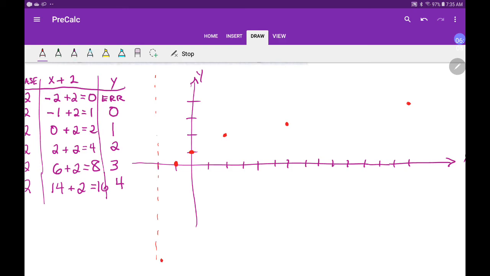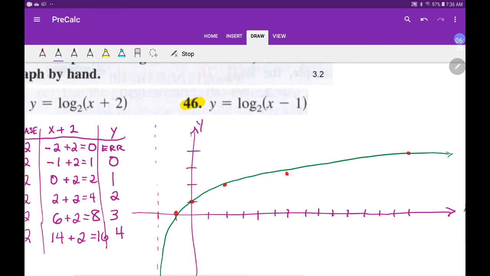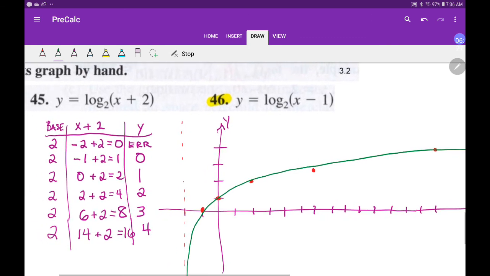So what we do then is we just try to connect these best we can. And we know it's going to flatten out. Poorly done. But you know it's going on up there and it's flattening. It's not going to completely flatten, but it's going to look pretty flat. Okay, so there we go.